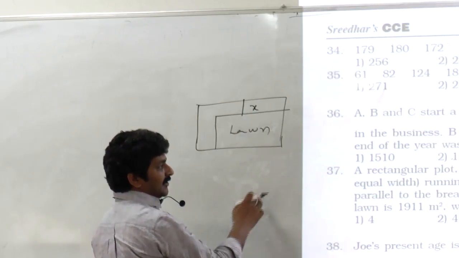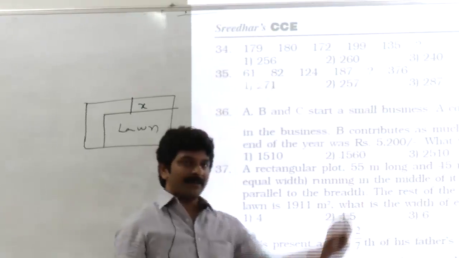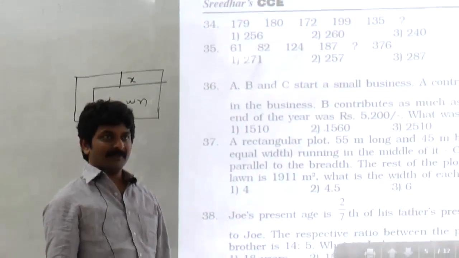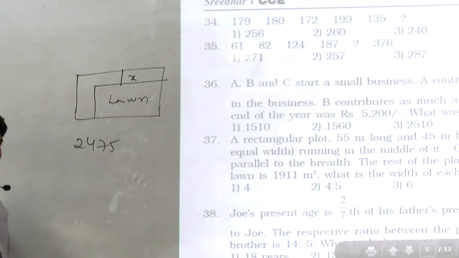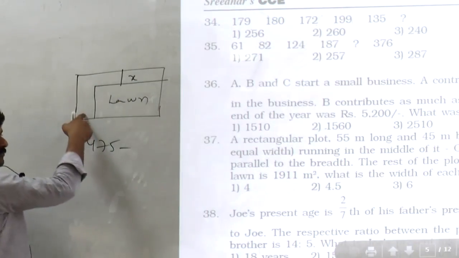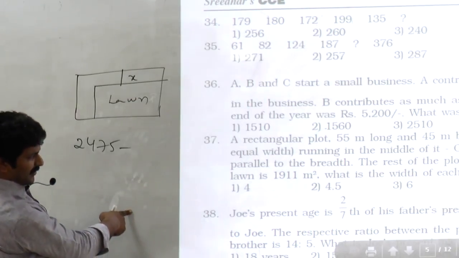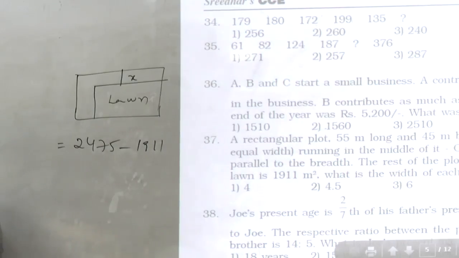Plot area is 55 into 45. 50 plus 5, 50 minus 5. 50 square minus 5 square. 2000 minus 25. 2475. Minus lawn area will give you the road area. How much is lawn area? 1911. This is road area.